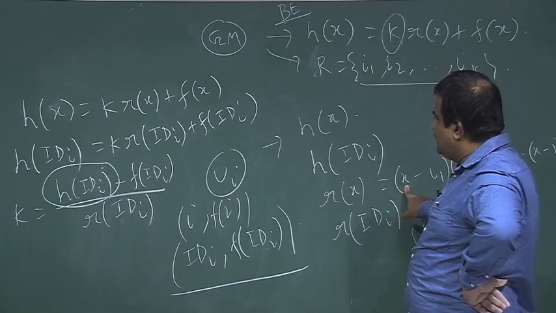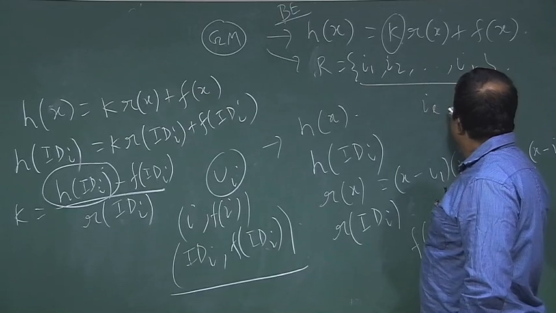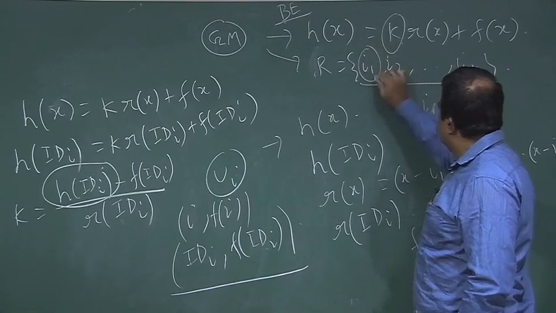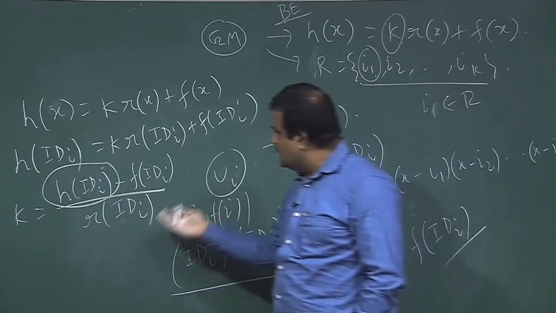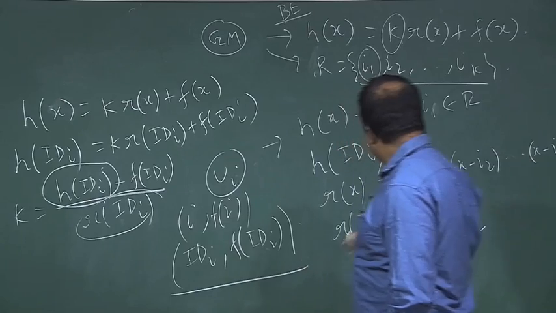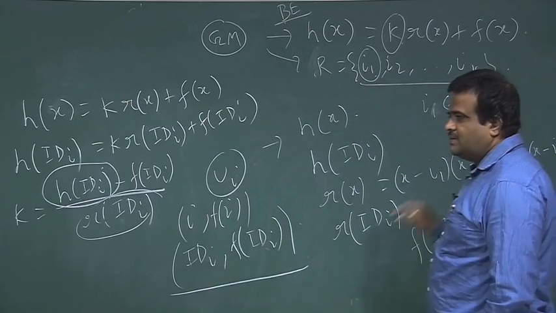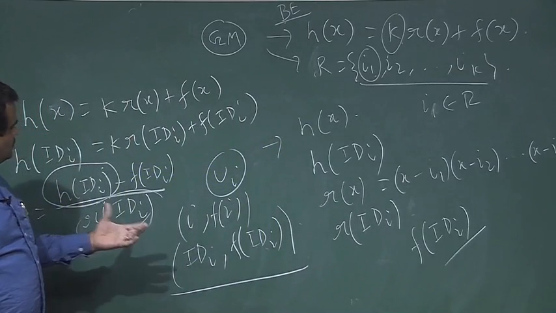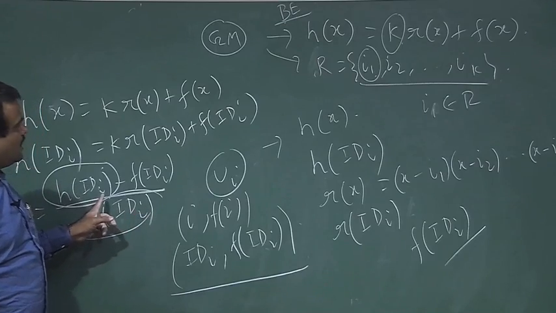Suppose I1 is a revoked user. Then R of the ID will be 0, because this is 0 for any revoked user's value. So this will not give the corresponding secret key for the revoked user.